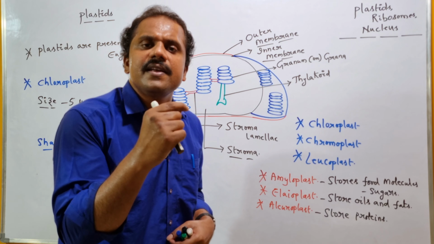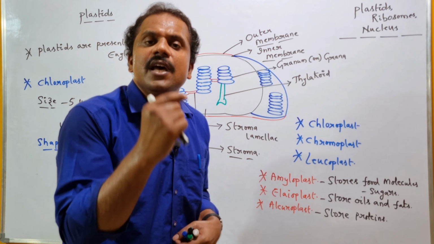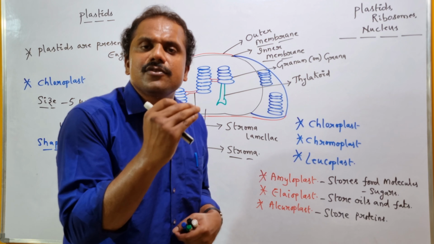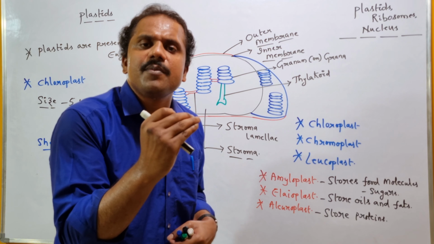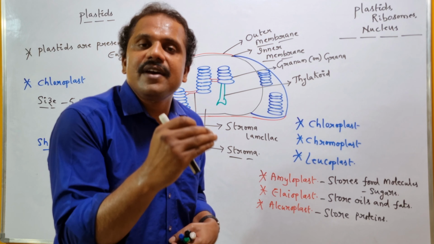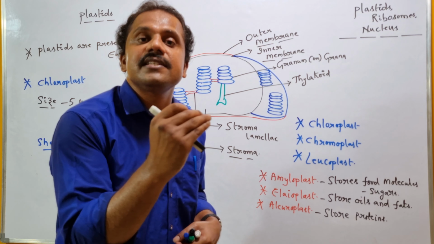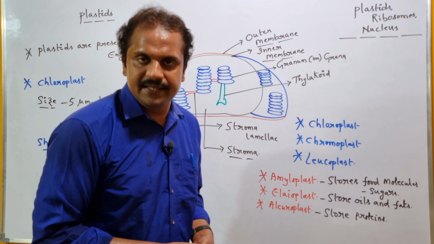So the reason why, like the mitochondria, the chloroplast is termed as what? Semi-autonomous organelle. Is it clear?